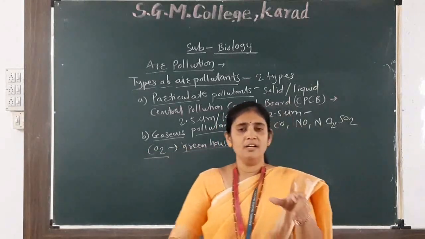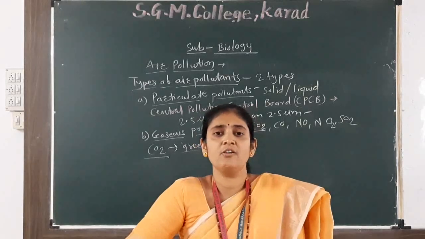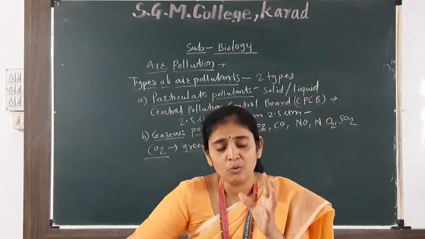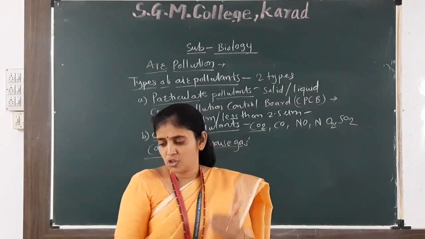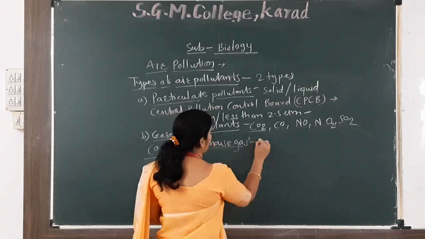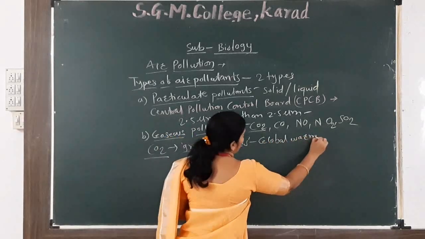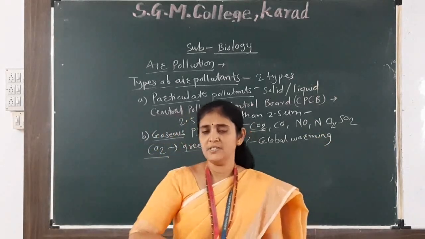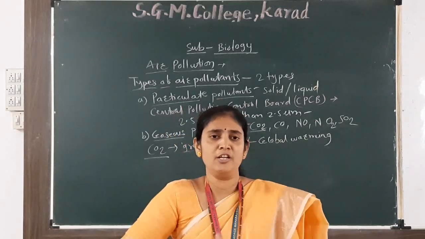Though CO2 is very important for the photosynthesis process, the other side effect of CO2 is that it is a greenhouse gas, and therefore we have to control the concentration of carbon dioxide in the air. So this CO2 is a greenhouse gas, and it is responsible for global warming, and hence we have to control the CO2 proportion in our atmosphere.